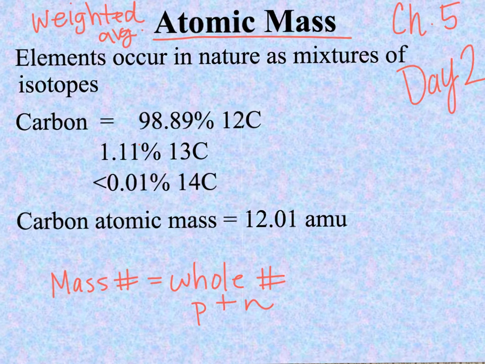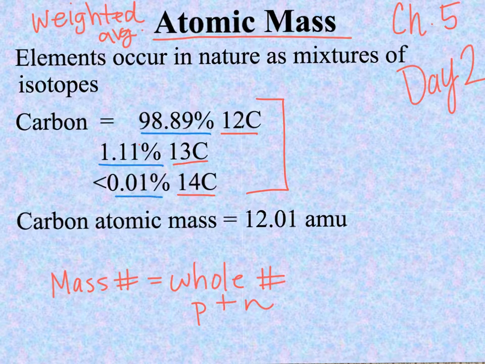So let's take a look at this example here, and this is for carbon, okay? So these are 3 isotopes of carbon, carbon 12, carbon 13, and carbon 14. Then you can see it tells you the percentages of each of those isotopes in which they occur in nature. That is what we call the abundance. How abundant are they in nature?